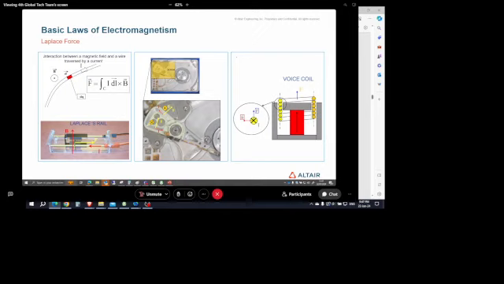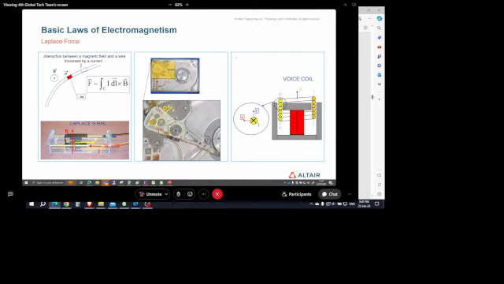Okay. So Laplace force is something we use for DC current machines. We can use it like in this reader on the hard disk, where you have the head reader here, and this is a coil, and we have here two magnets.